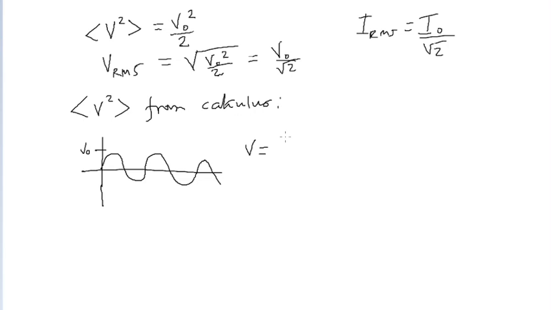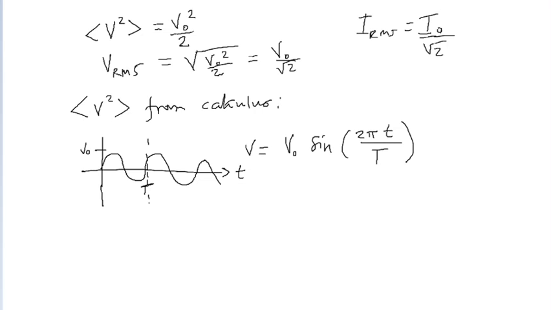So this will be a function v naught sine 2 pi t over the period. If you look at one complete oscillation here, this will be the time period from 0. So this is time, and the argument here is 2 pi t over T, because then after one period the sine curve has gone through 2 pi radians, which is a complete cycle. So that's what we want.